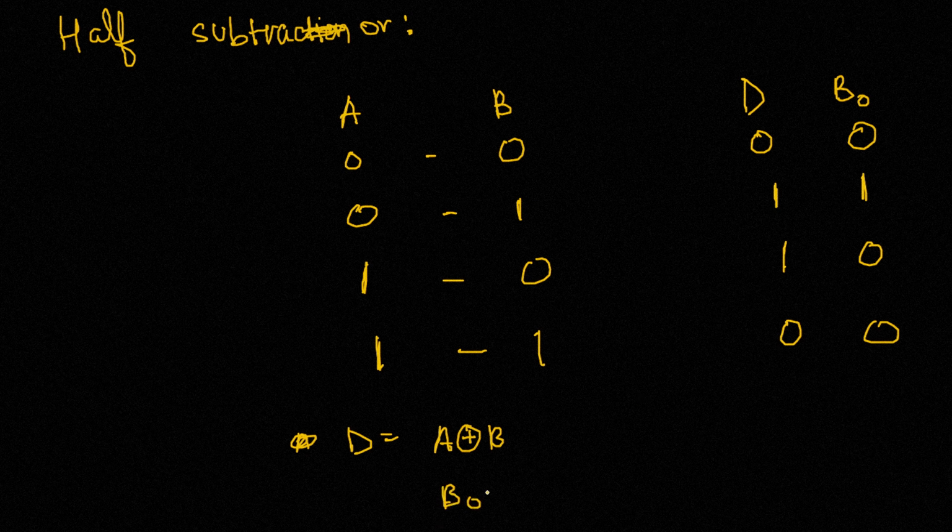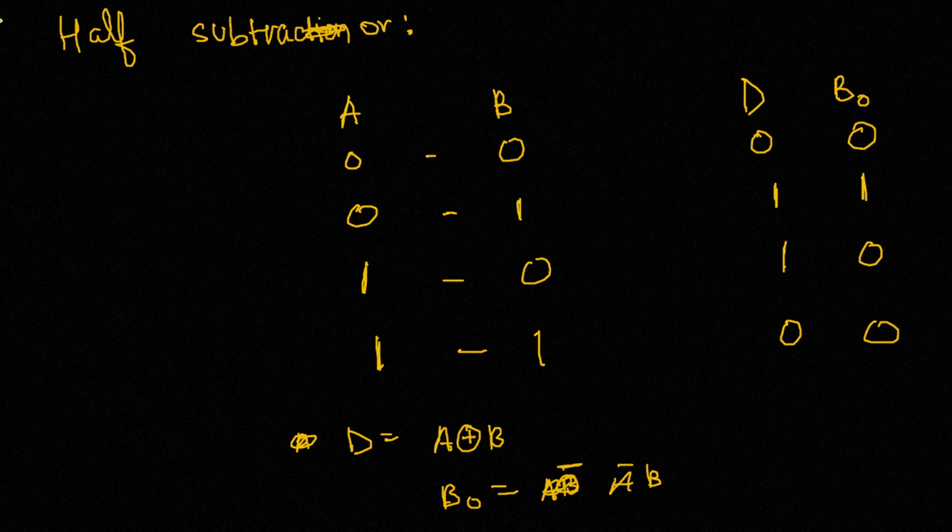So borrow is given by A B complement. Sorry, it's A complement B. Like you can see, the only time you are actually getting an output is when A is 0 and B is 1. So the final result in terms of an expression is A complement B.